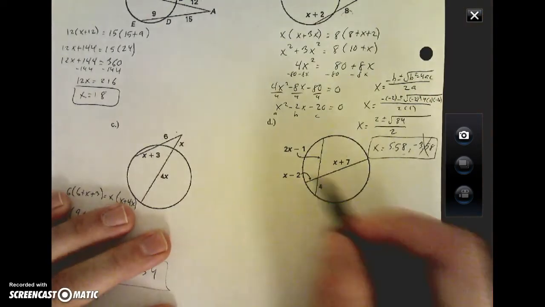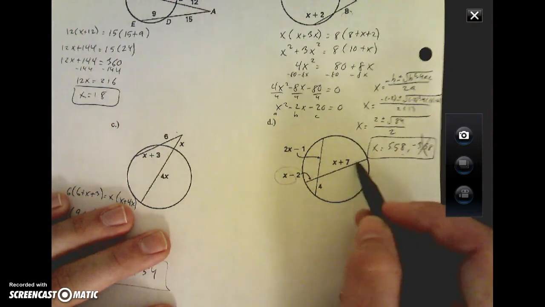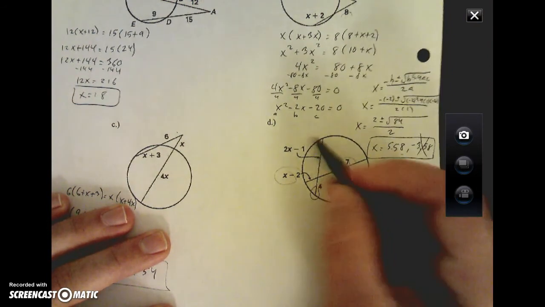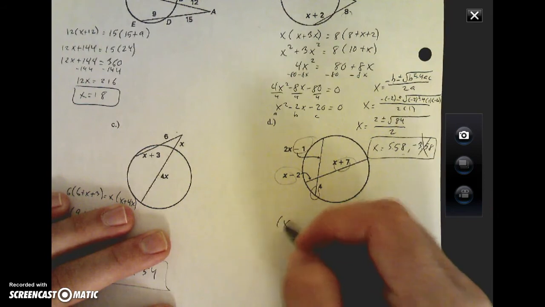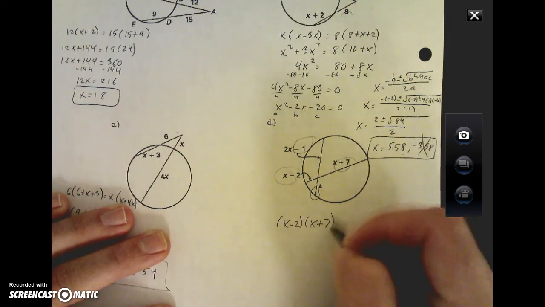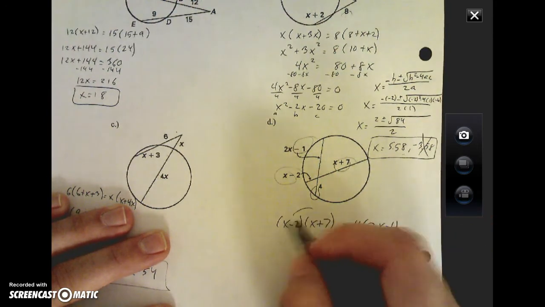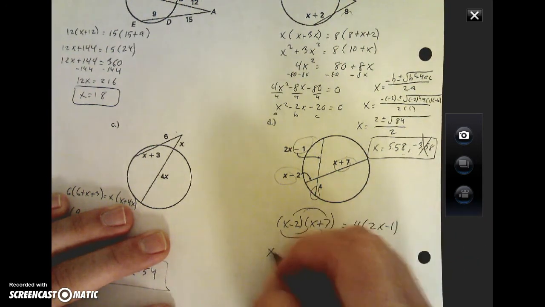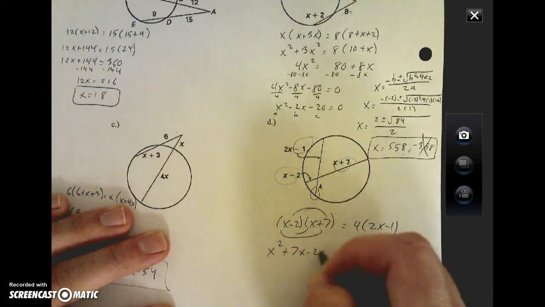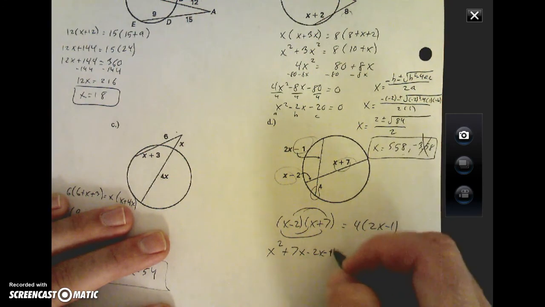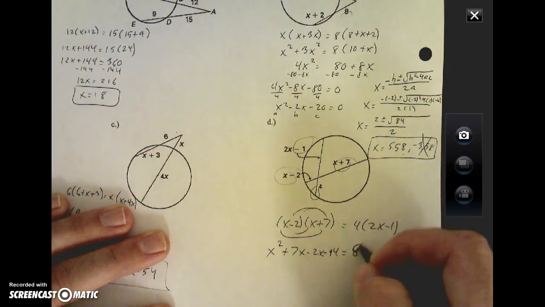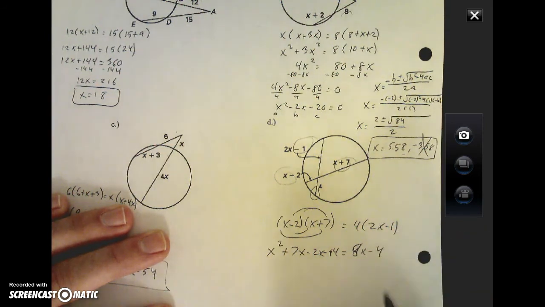Finally, little piece times little piece times little piece. We got x minus 2 times x plus 7 equals 4 times 2x minus 1. FOIL this out. It's good that you guys see this. X squared plus 7x minus 2x minus 14 equals 8x minus 4.